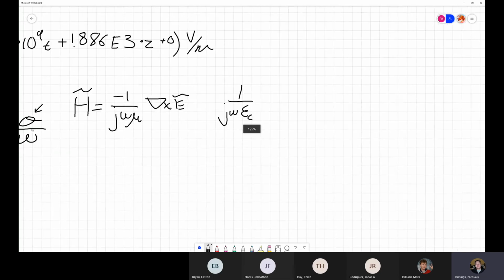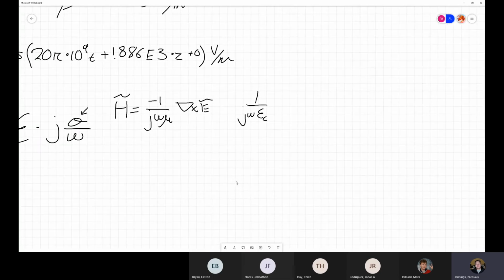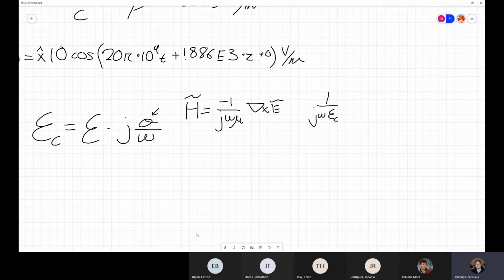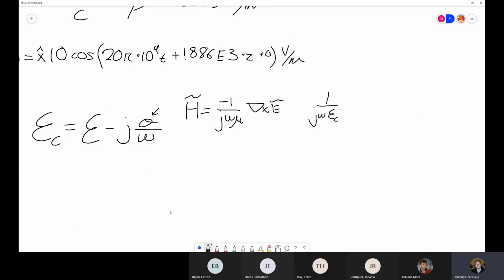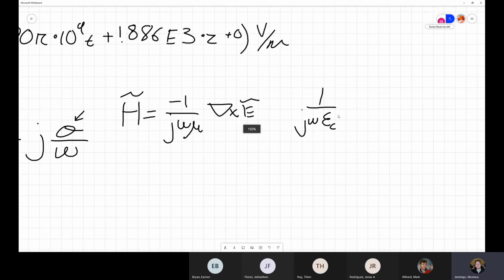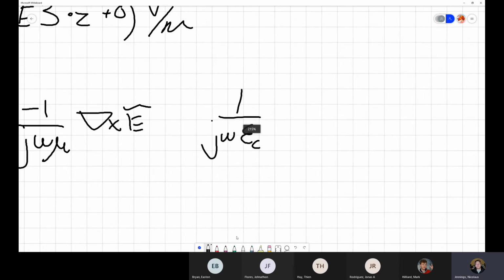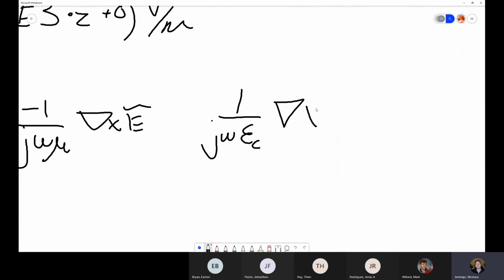The only reason it's complex is because it has a j in the term. It doesn't mean it's hard, it's just complex. This is the curl of H, and that gives you your E field. Nothing else changes, right?